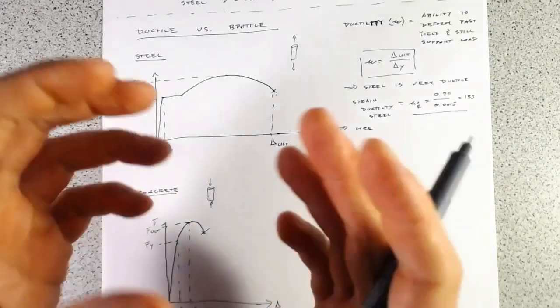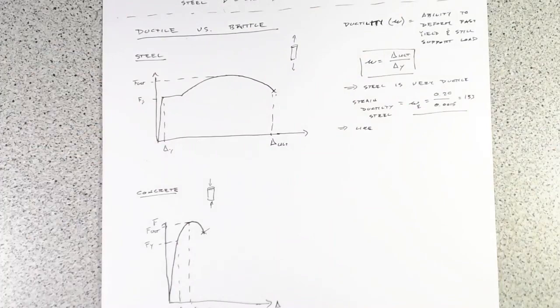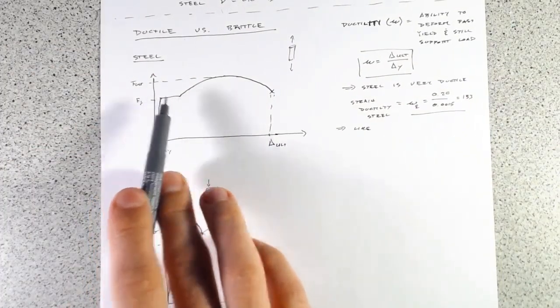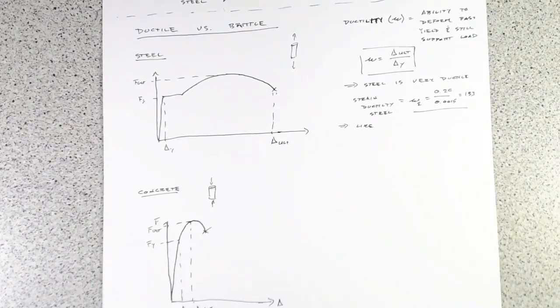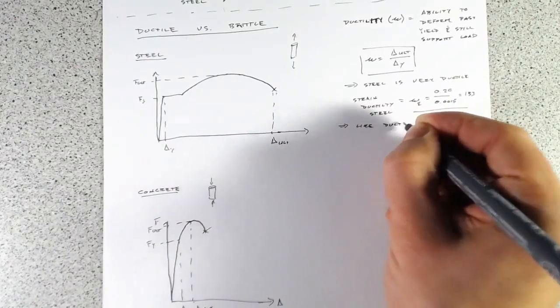It's also good for, say, earthquakes, where an element's going to get cycled back and forth a whole bunch. Well, we can limit the forces going in. We can just let it yield. But then if it can chew up all of that deformation as the earthquake keeps going on, that's really good behavior for us. So we like ductile materials and ductile behavior.